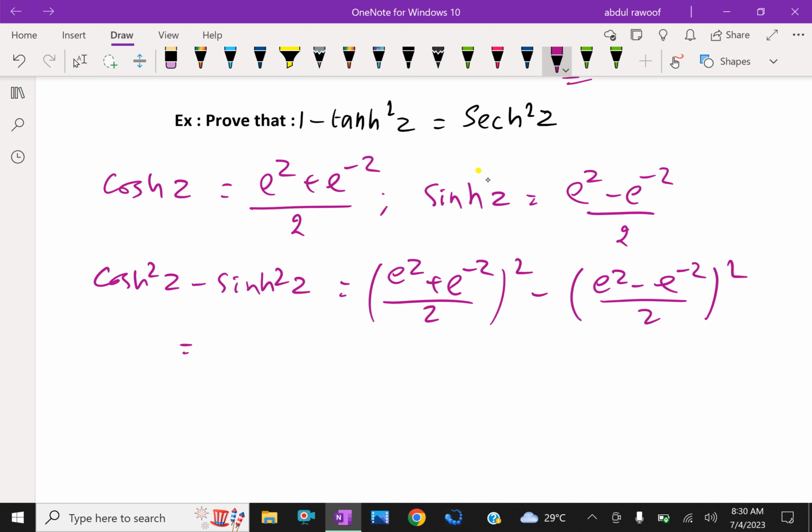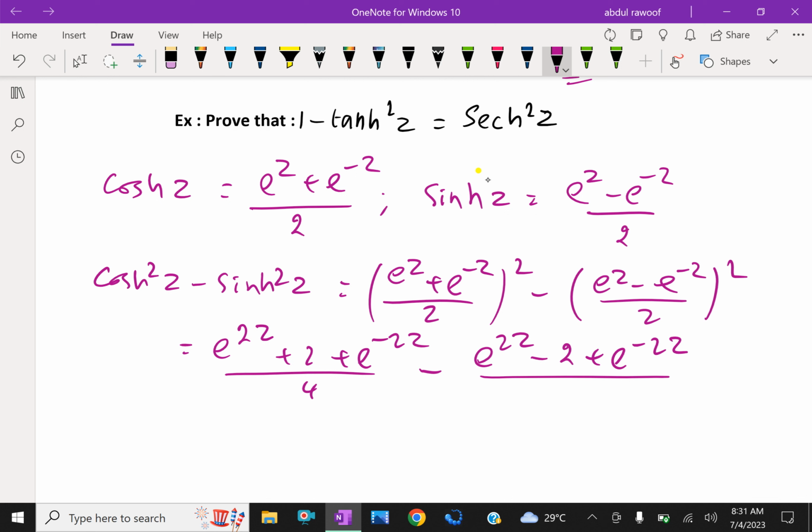Expanding the squares, it comes (e^(2z) plus 2 plus e^(-2z)) by 4 minus (e^(2z) minus 2 plus e^(-2z)) by 4.